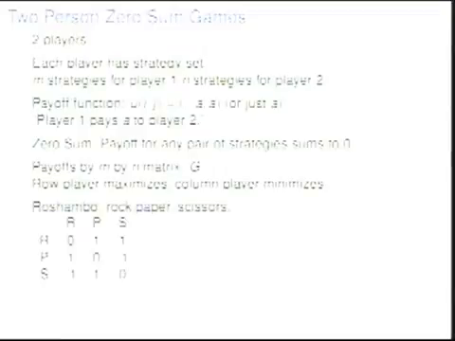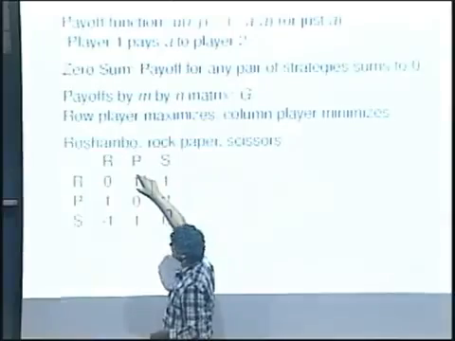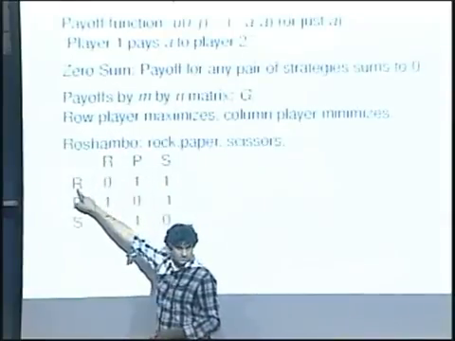So you can give the payoff by a matrix again. Our canonical version is that the row player is maximizing and the column player is minimizing. At this entry, if the row player plays R and the column player plays P, the column player pays $1 to the row player.